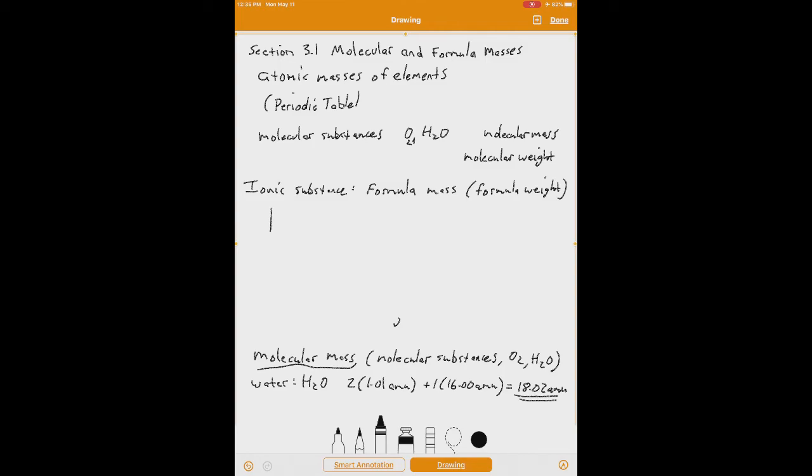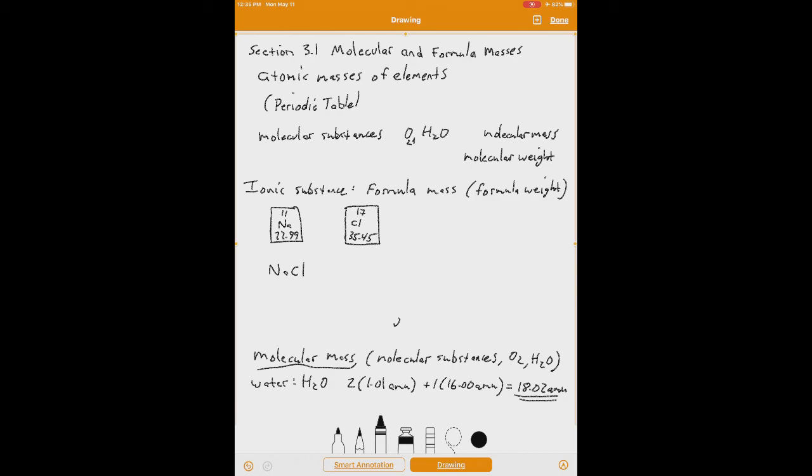Remember, ionic substances tend to be a metal with a nonmetal. So for example, sodium is a metal. Its atomic mass is 22.99 AMU. And let's take chlorine, for example. Suppose we have a compound, NaCl. We wouldn't ask what's its molecular mass because it's an ionic compound.